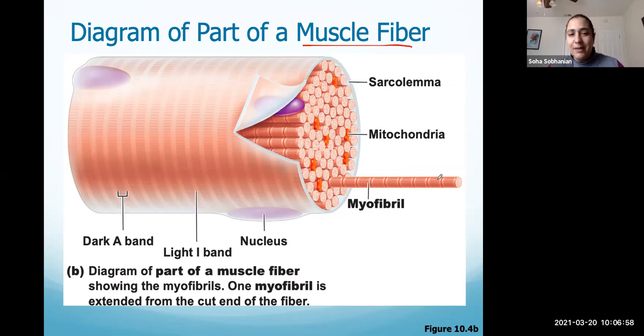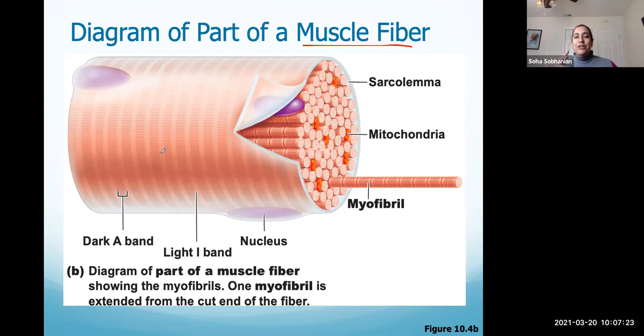Everybody remember striation we talked about earlier? We described it a lot. This is what a striation is. Look, dark band, light band, dark, light, dark, light. These are truly beautifully organized.